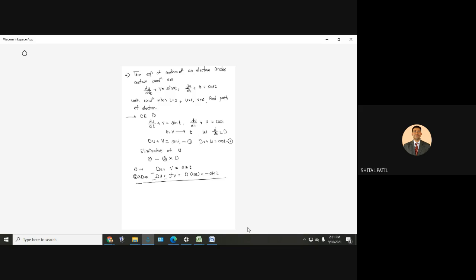Minus sign, minus plus. So plus Du minus Du cancel. V minus D square V. Sin t plus sin t. Let me take the minus sign common.